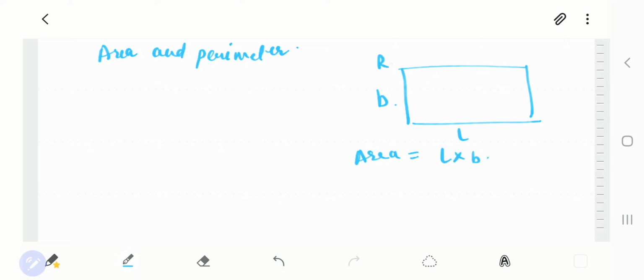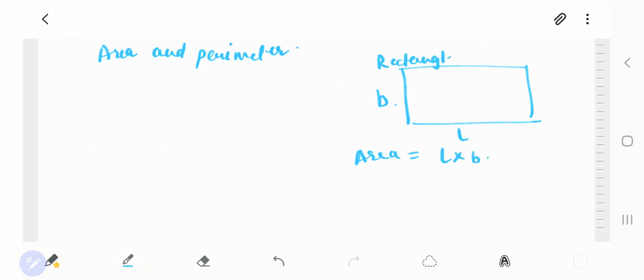Now, what do you mean by area of a flat figure? If I have something like this, I have been given length and breadth. What will be the area? Area will be length into breadth if this is a rectangle.